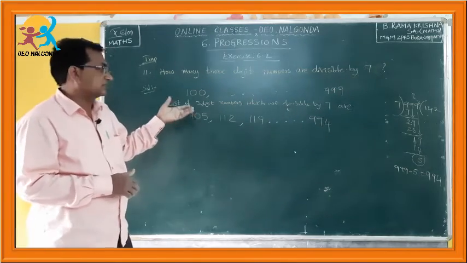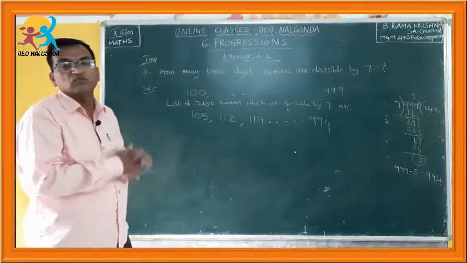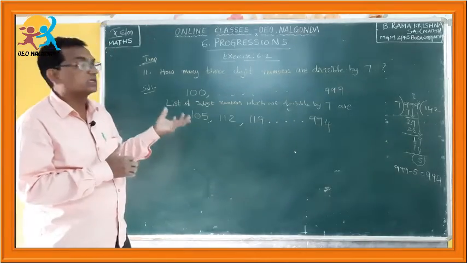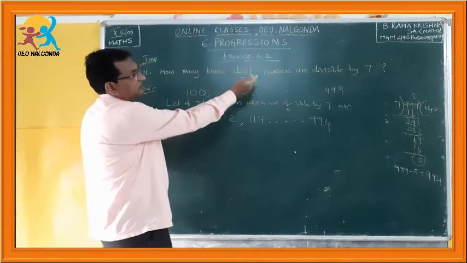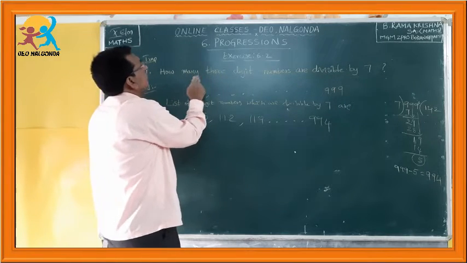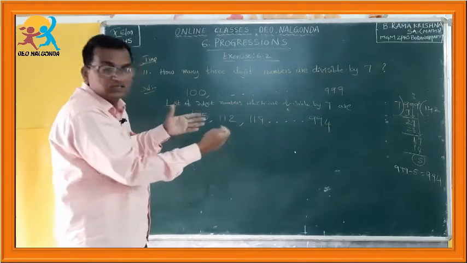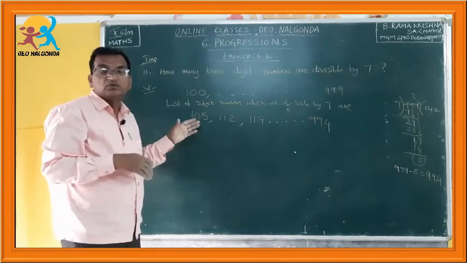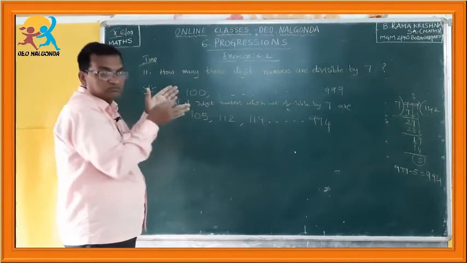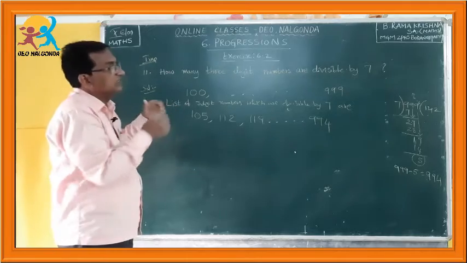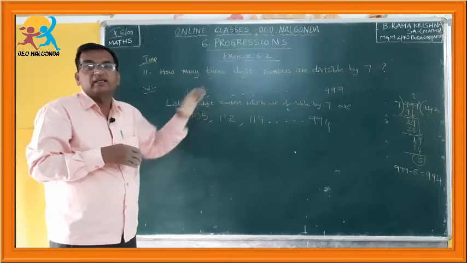If you understand that this is an arithmetic progression, you can use the nth term formula to find out the number of terms. You have to find out what he is asking after all. He is asking how many 3-digit numbers are there. We listed them, but we did not count them, and you should not count like that orally, because you know some formulas and have knowledge about arithmetic progressions. You should not count like a layman.